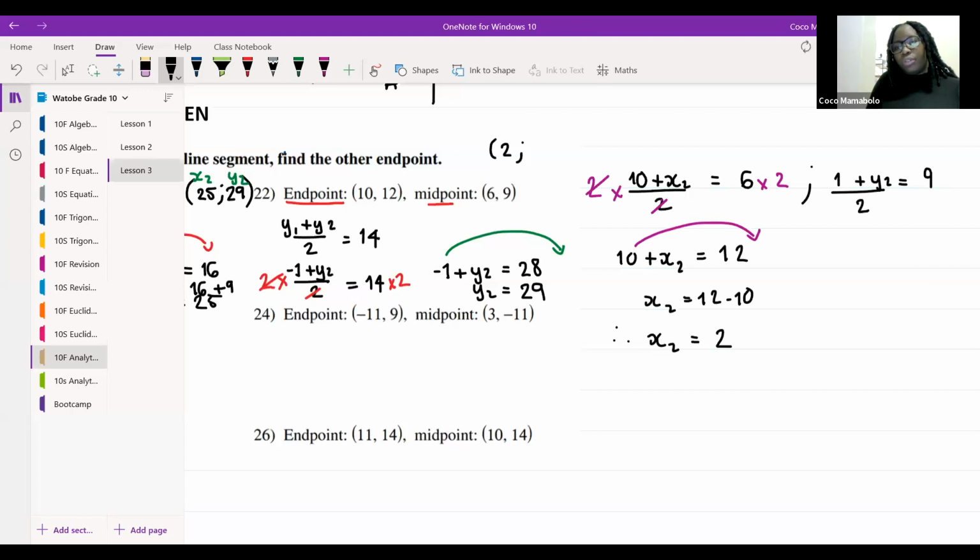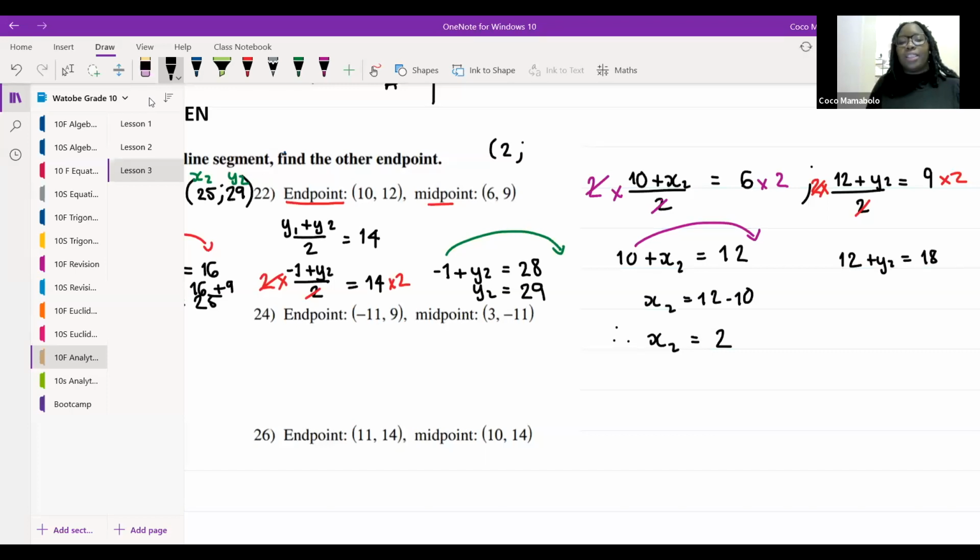Good. Next step. We multiply both sides by 2. Good. Then those 2 will cancel. What do we have left? It's going to be 12 plus Y2 is equal to 18.